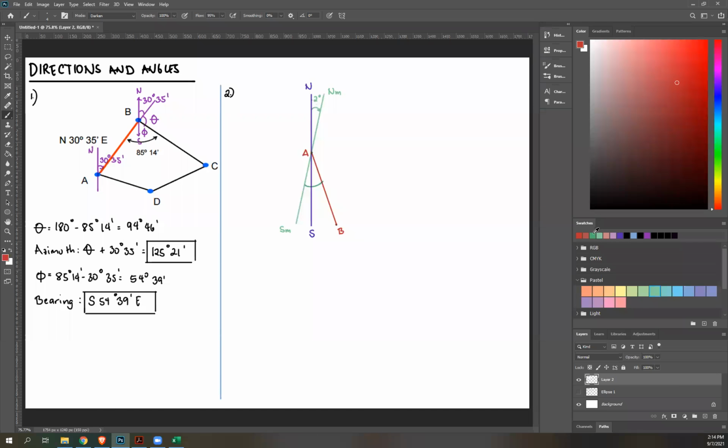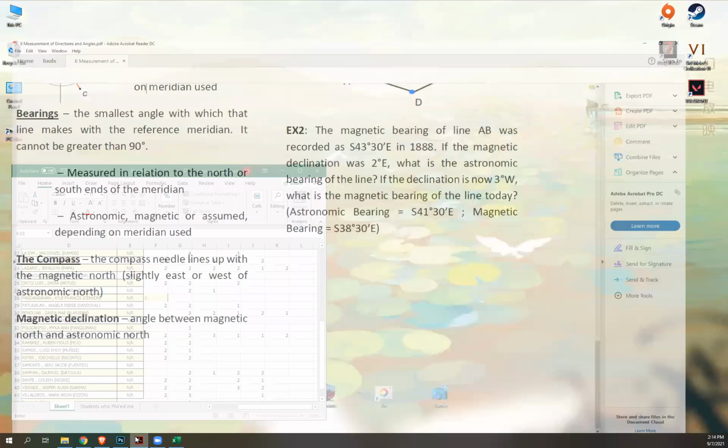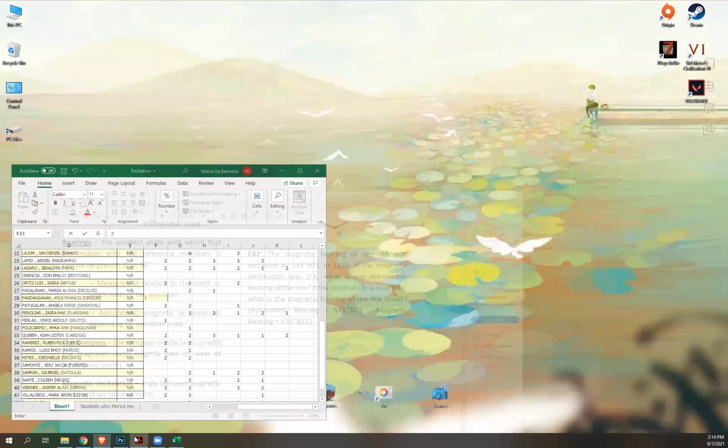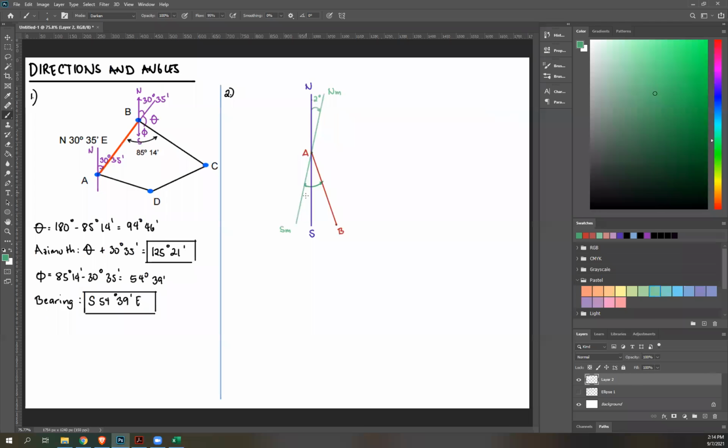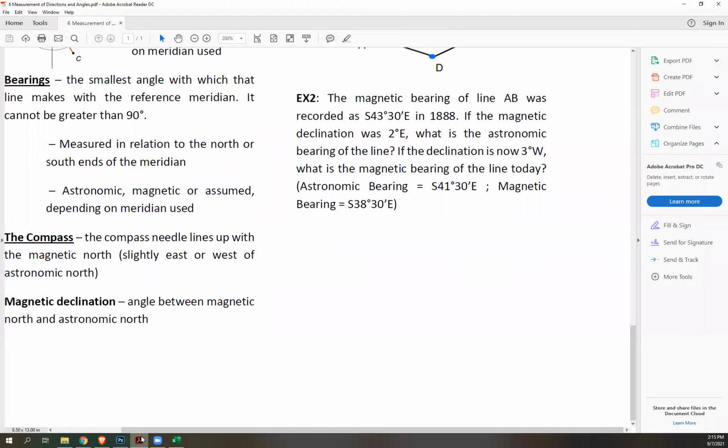So now what we want, this is given. Let's write that given: 41 degrees 30 minutes. And then the question is, first, astronomic bearing of the line.